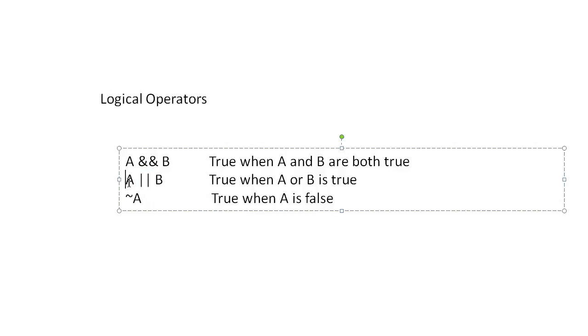So this whole statement is true if A or B is true. I can also use the double ampersand, and this is true if A and B are both true. I can also use a single test and use this negation operator. So this is true if A is false. So you can negate the truth value of a variable.